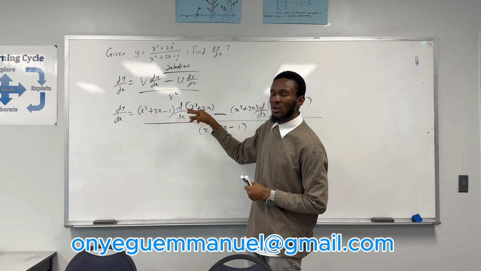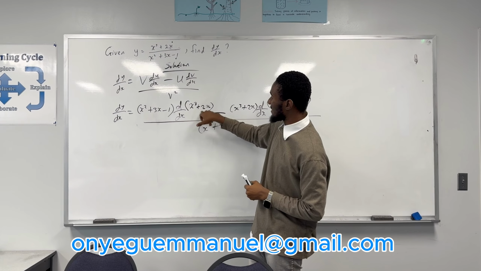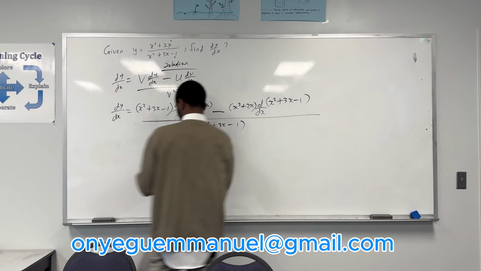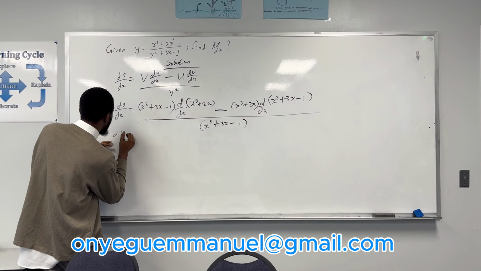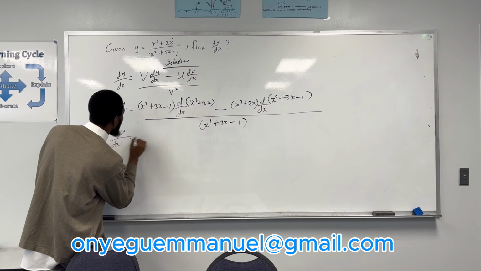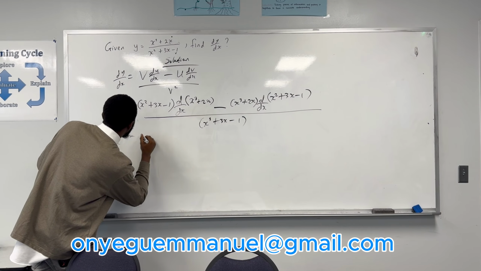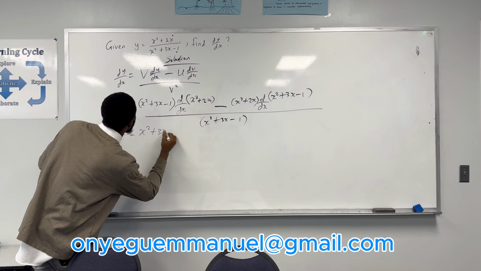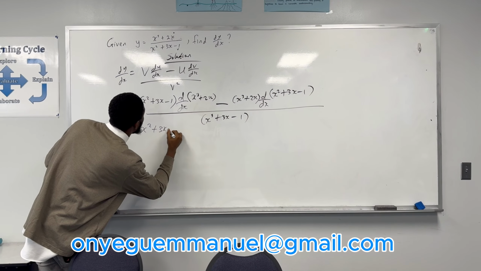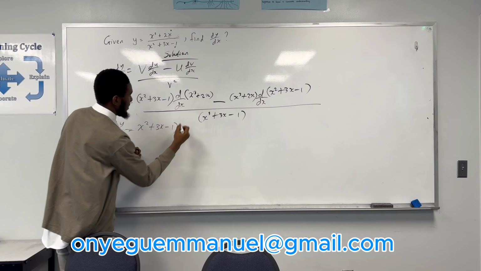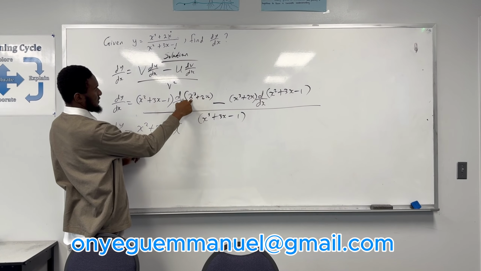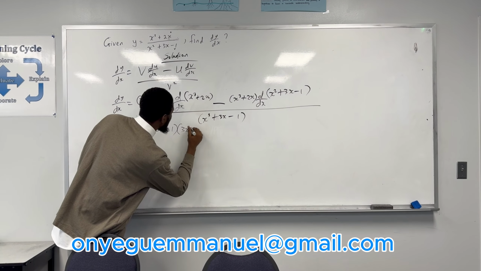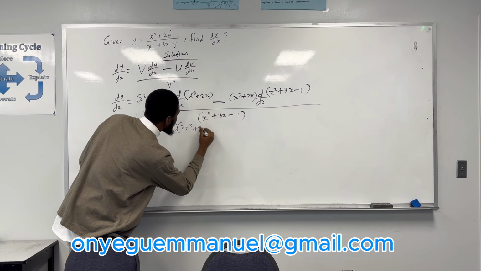We use the normal power rule to differentiate what we have inside here. We do the same thing here. Hence, our dy/dx is equal to x squared plus 3x minus 1, times, if you differentiate this with respect to x, 3x squared plus 2.